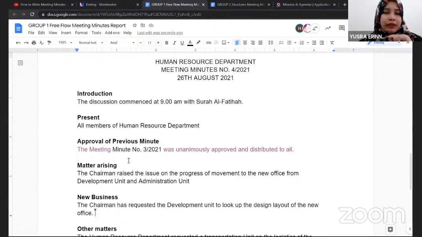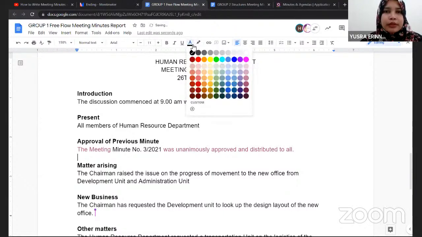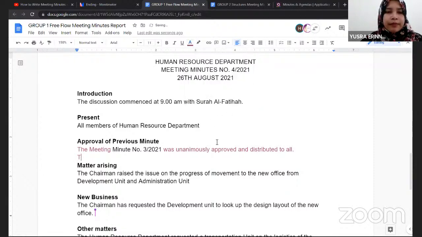For example, if the meeting minute needs to be amended, this is an example: the meeting minute number 3/2021, amendments needed in the budget location, page, let's say page 2.